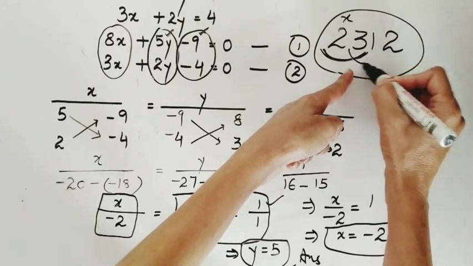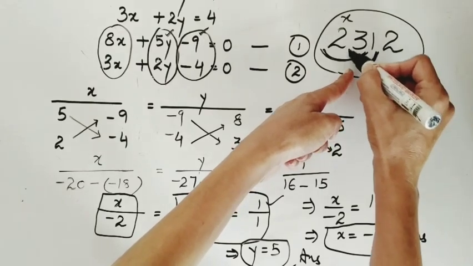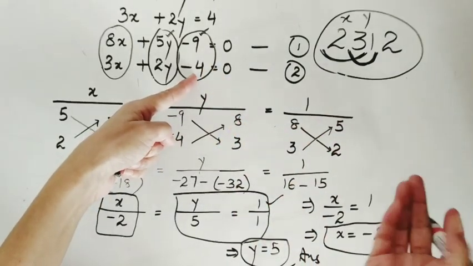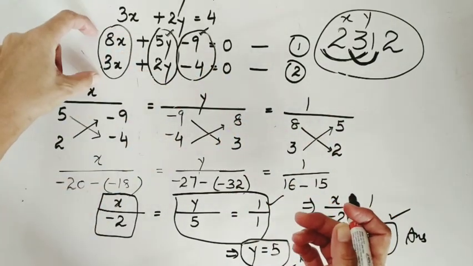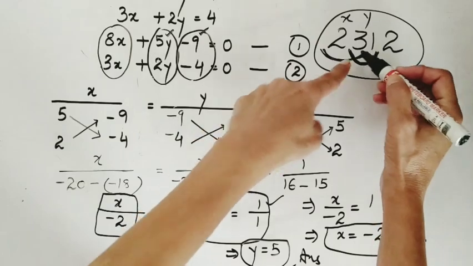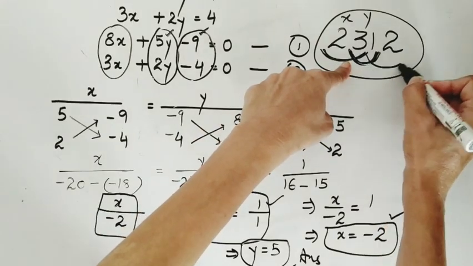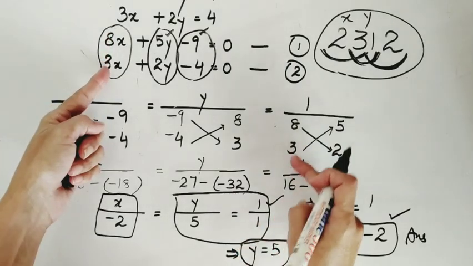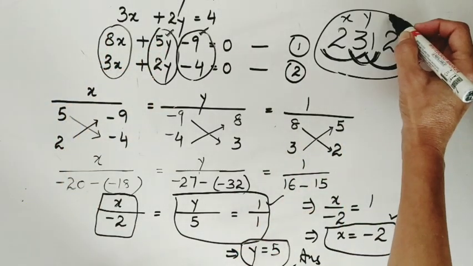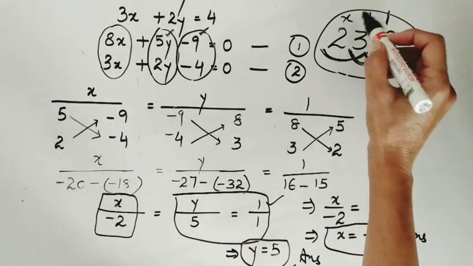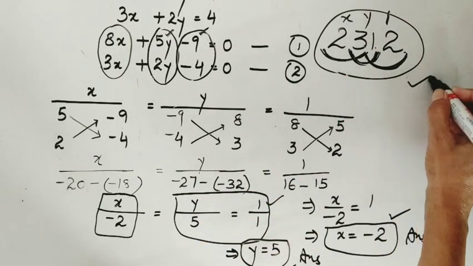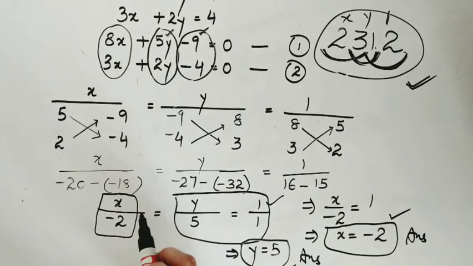For y we are multiplying third by 1, third would come first and then would be followed by 1, that's how the sequence is formed, then comes 1, 2, which is 8, 3 and 5, 2. 1, 2 is for the constant. So 2, 3, 1, 2. I'm sure this would help you, and check this step.